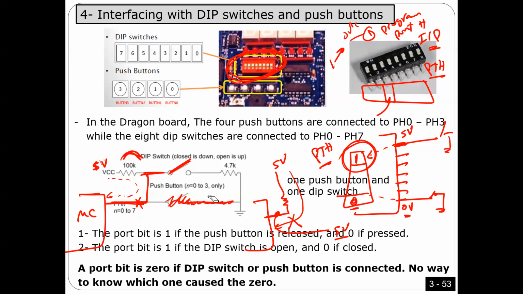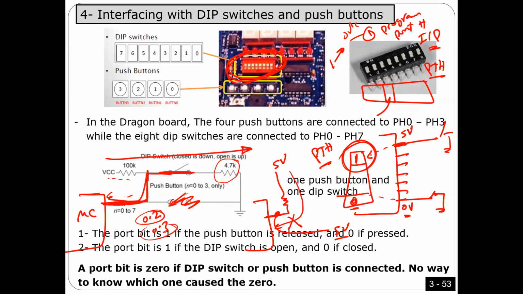Anyway, so let's see the other case. Again, I told you forget this one for now; I'm going to explain it later. But now, if you connect the switch, the current is going to go this way. And because this is a very small resistance, you are going to have here a very, very small voltage, for example 0.2 or 0.3 volt.